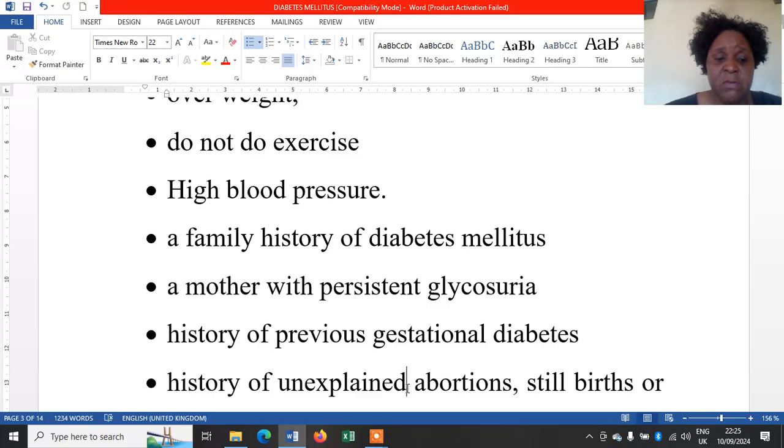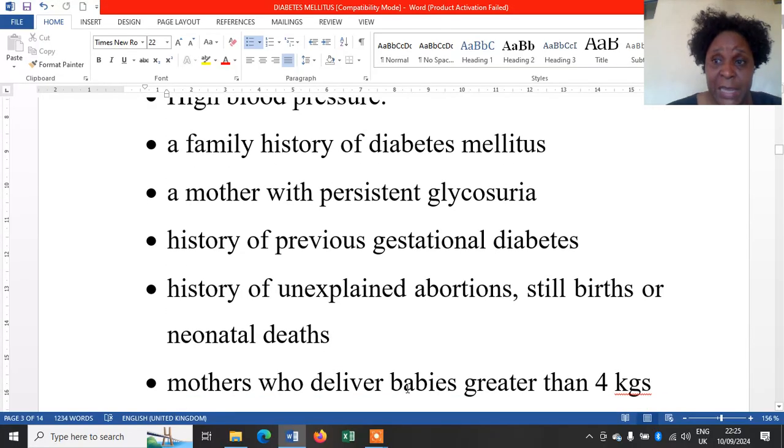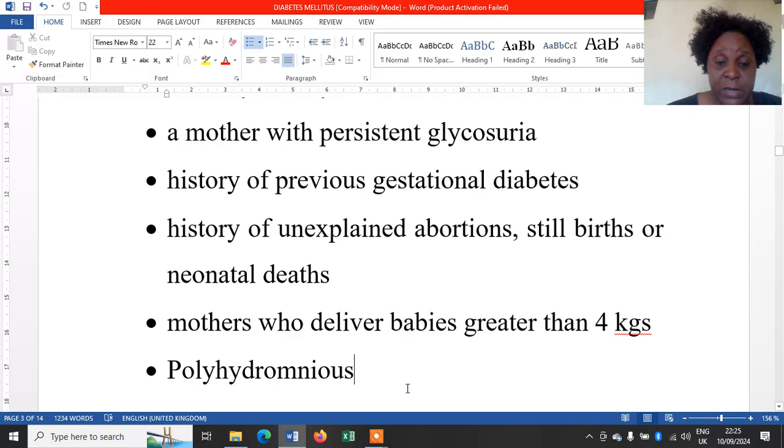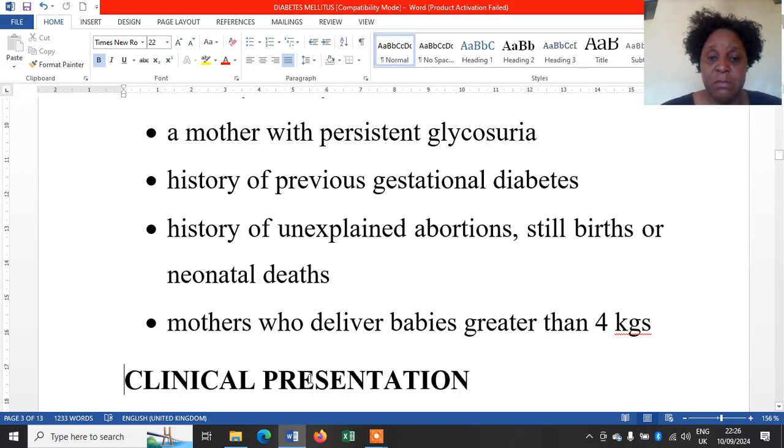A mother may also tell you that I have had abortions with no specific cause, spontaneous abortions, delivering babies dead, my babies are greater than 4 kilograms, that history, we take it during past obstetrical history. So, usually, we should take note that this mother may be diabetic positive.